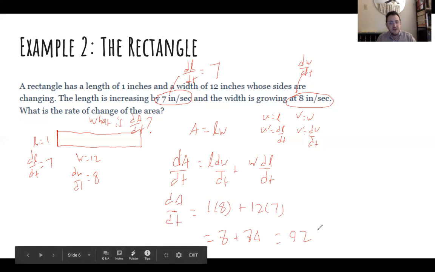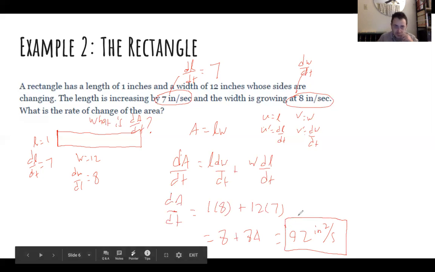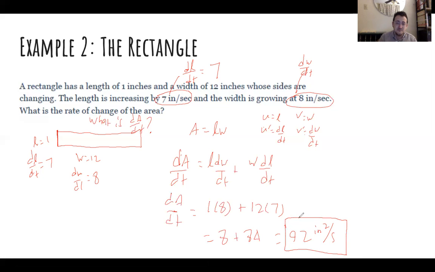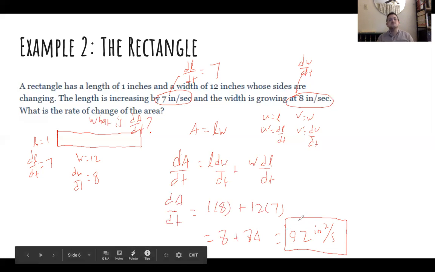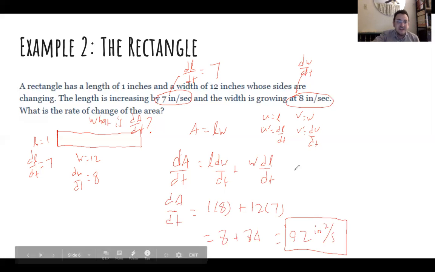And we are increasing at a rate of inches squared per second because we are increasing in area. So the total area is increasing at that rate. Obviously, if your length and width are growing, consequently your box is getting bigger, and that's why we have that positive value for dA/dt.